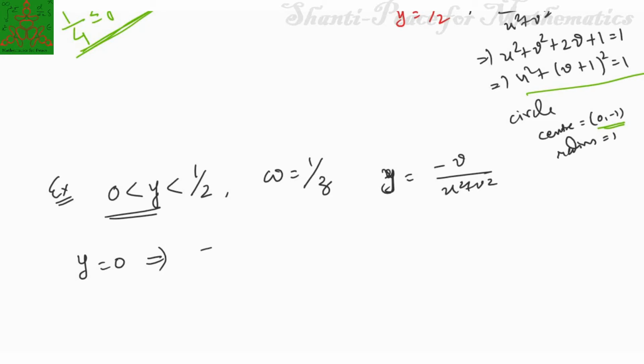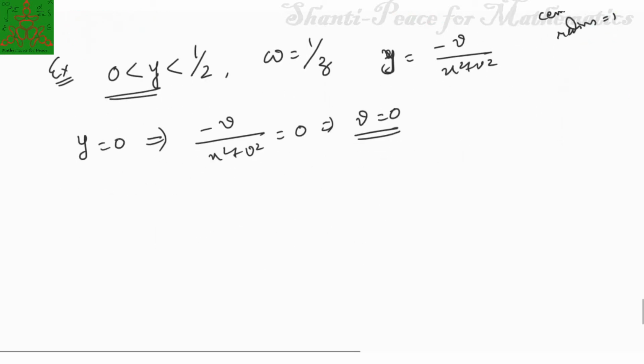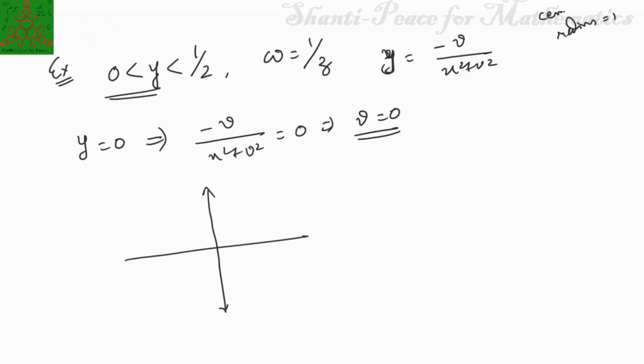So minus v upon u square plus v square equal to 0, which gives me v is 0. That means the image of the line y equal to 0, that is the x axis, is v equal to 0. This is the u axis, which is your v equal to 0 line. So the image of this line is this line.